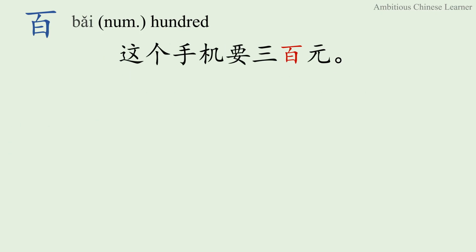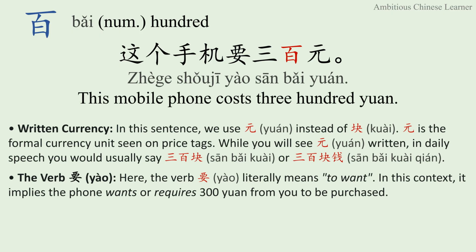这个手机要300元. This mobile phone costs 300 yuan. 这个手机要300元. In this sentence, we use yuan instead of kuai. Yuan is the formal currency unit seen on price tags.